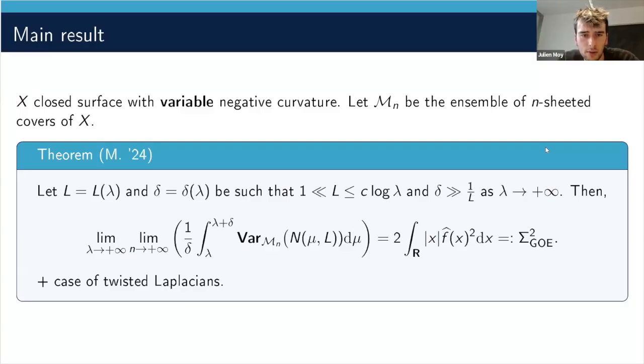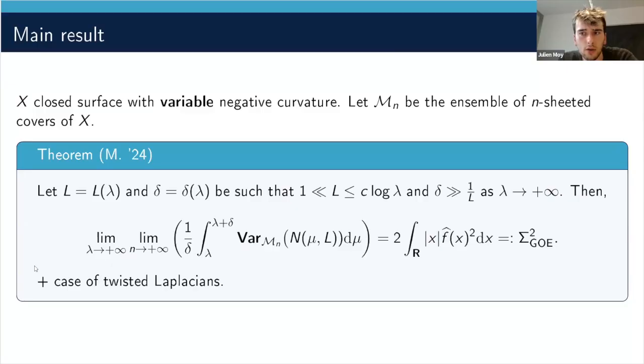Also, there is another thing required, which is a small energy average of lambda, otherwise we don't recover the GOE results, and so we have to average the energy or the frequency, if you prefer, on a small window of frequencies. But anyway, in this new regime, we recover the result of Naud. Okay, so it is also possible to include the case of twisted Laplacians as in Naud, and one finds the GUE result.